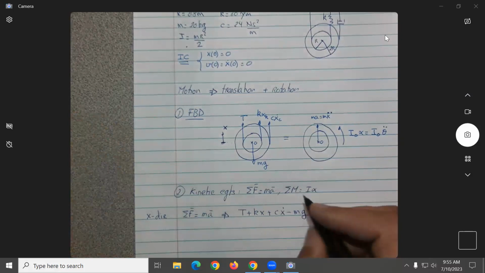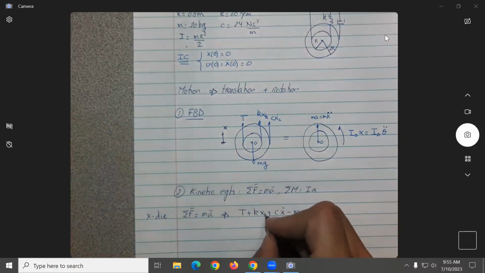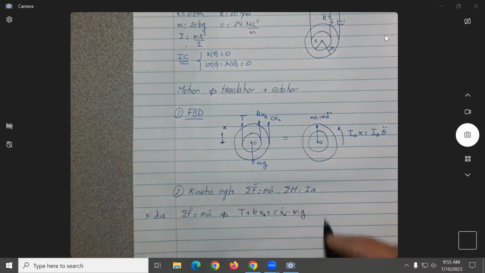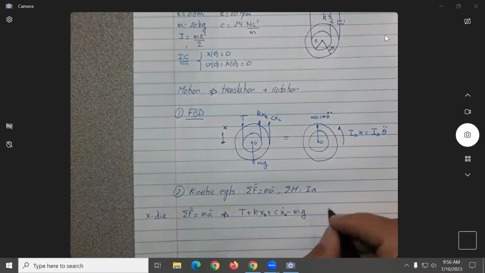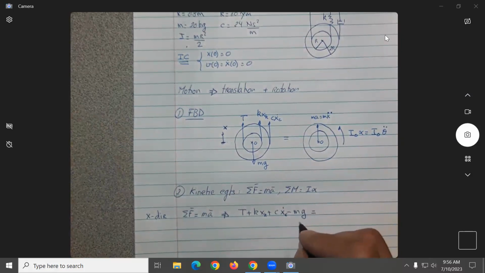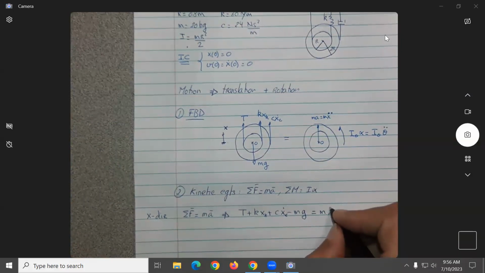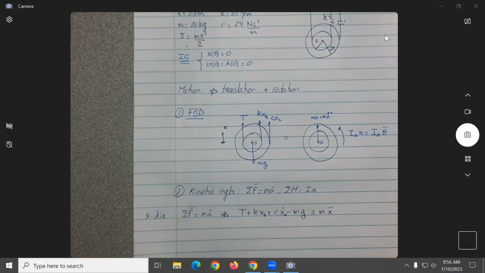Sorry, guys. Because let me just do notation now. We'll talk about it, okay? K and c. Let me finish writing down the equation and then we can talk about it. And this should be equal to M X double dot.